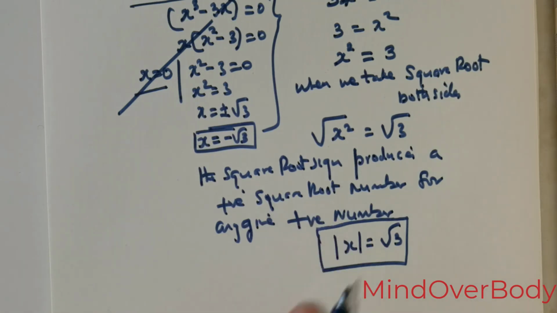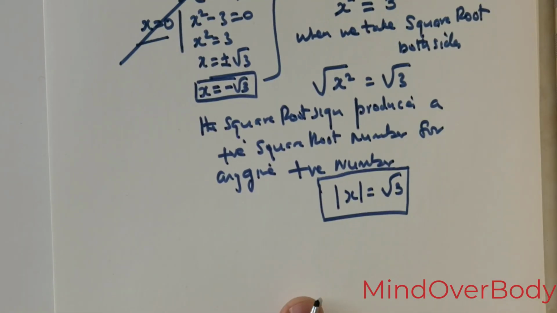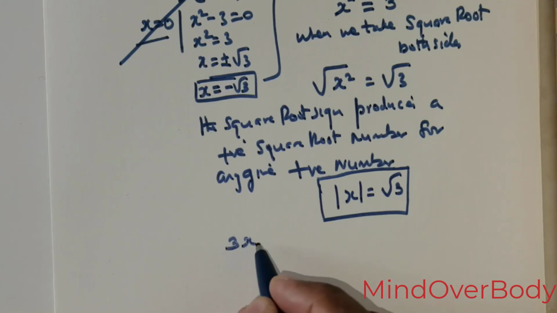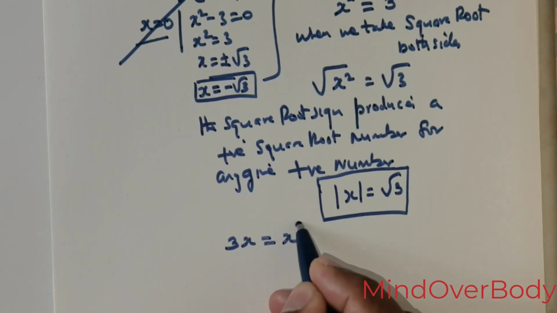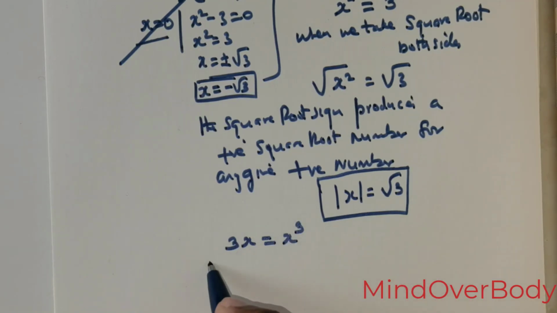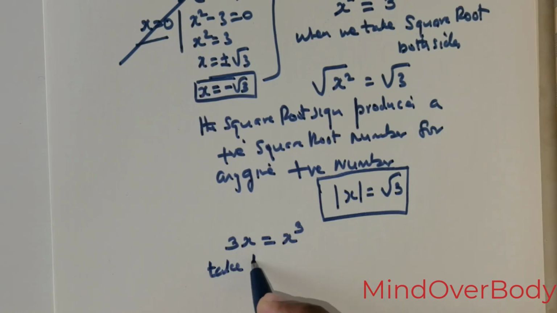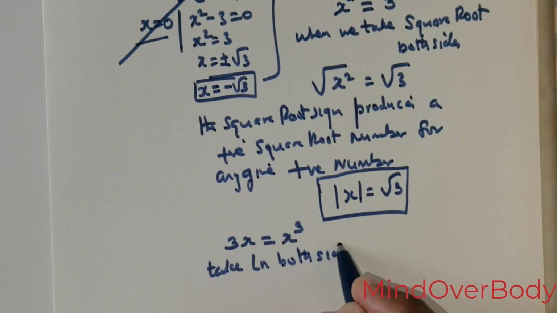Now, the same question can be done in another fashion, using logarithms. So I'm going to start with the same point, that 3x is equal to x cubed. And then what I'm going to do is take ln on both sides.